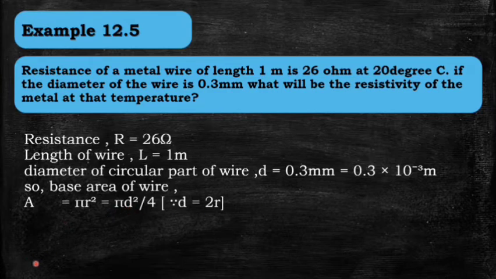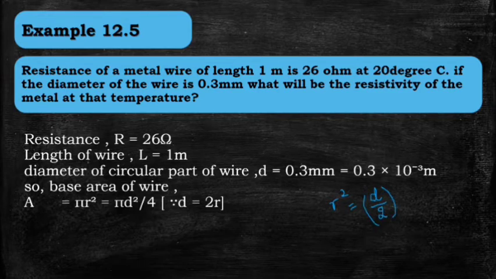So in the place of r square, we are putting r, which is half of the diameter. Half of the diameter is radius, that is r is nothing but d by 2.